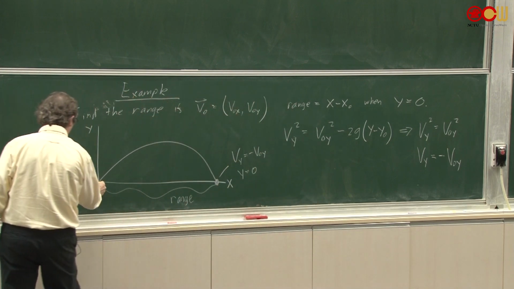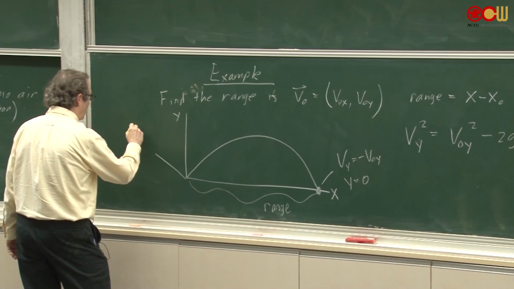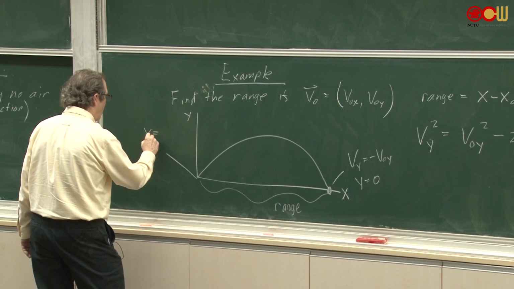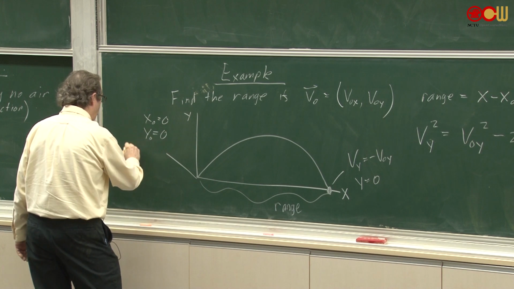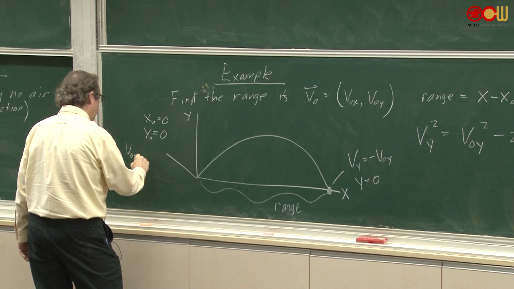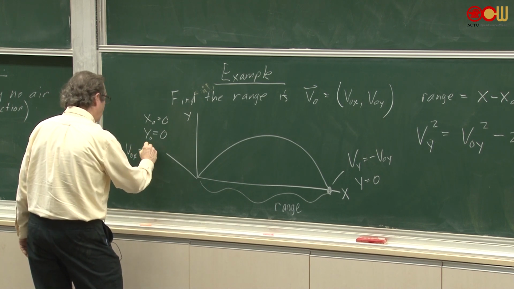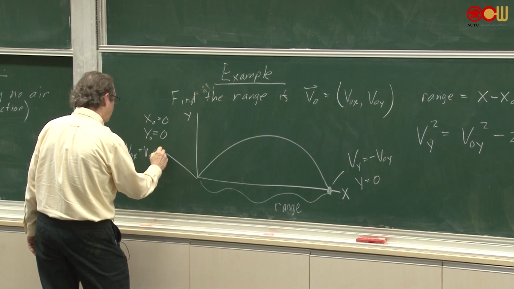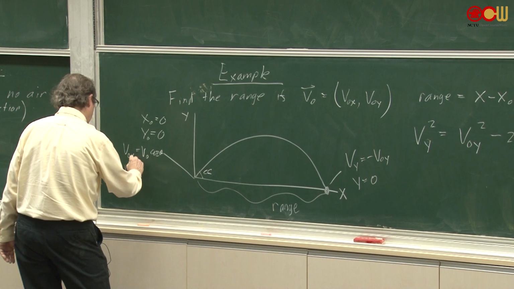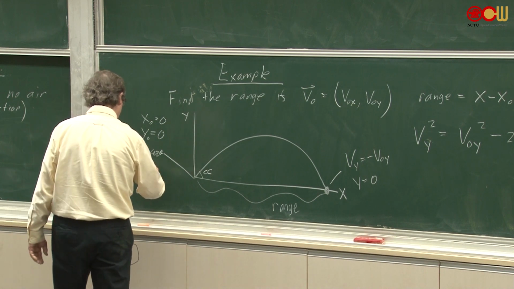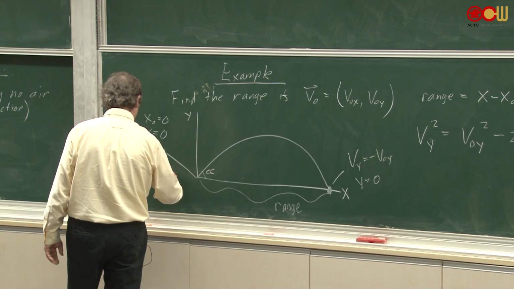And just for convenience, we'll write y0 equals 0, x0 equals 0, v0x we can write as v0 cosine theta, if we write that as theta, and v0y is v0 sine theta.